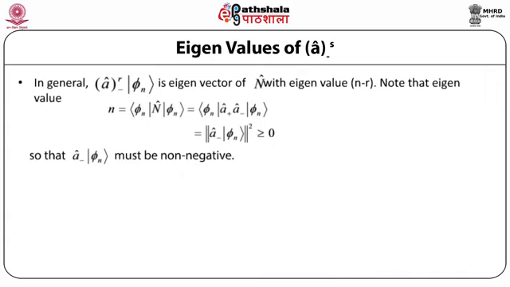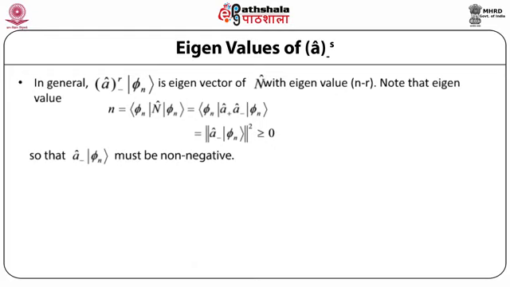Now, from the relation that we have derived, we can generalize to a situation where the lowering operator is acting on the eigenvector r times, where r is some number which is less than n.